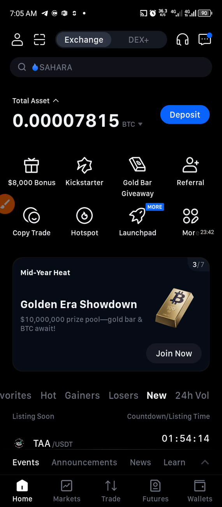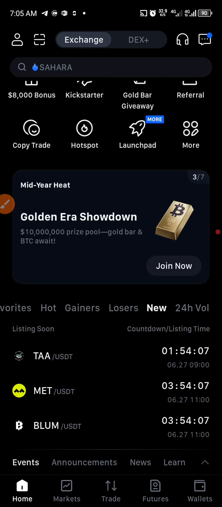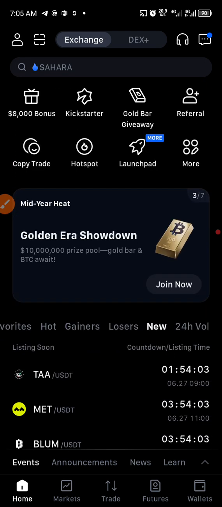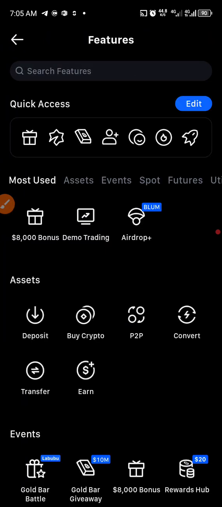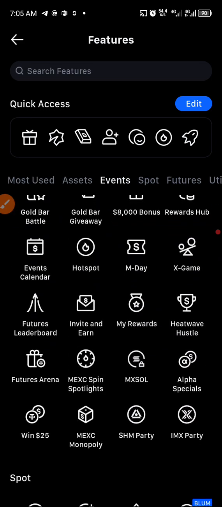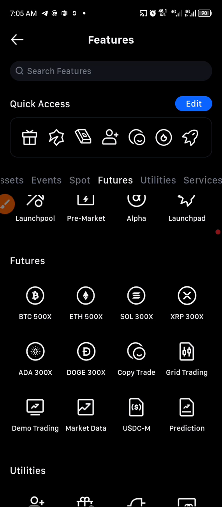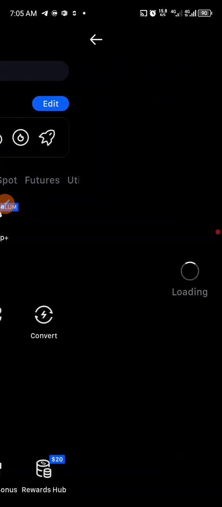Okay, for those that do not have funds for trading yet and you want to start practicing using a demo account, all you need to do is just click on more here. So you will see demo trading. But if you did not see it at the top, all you need to do is search down, you will see futures, then you will see demo trading here.